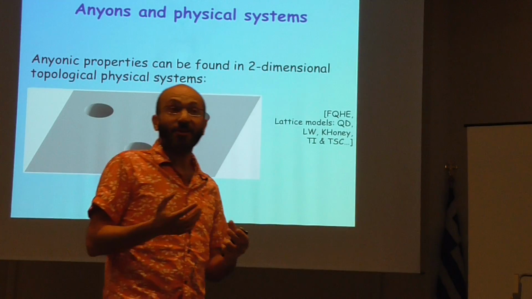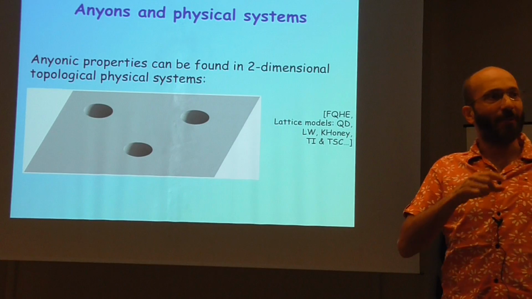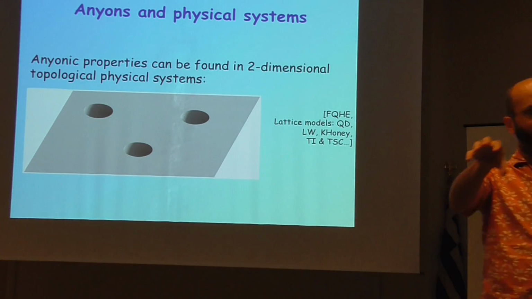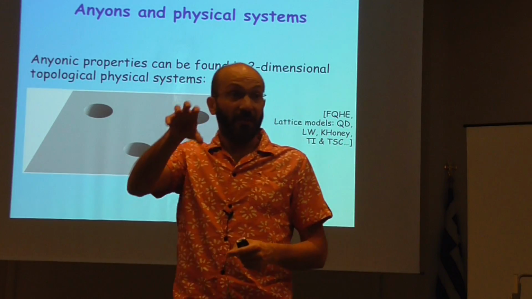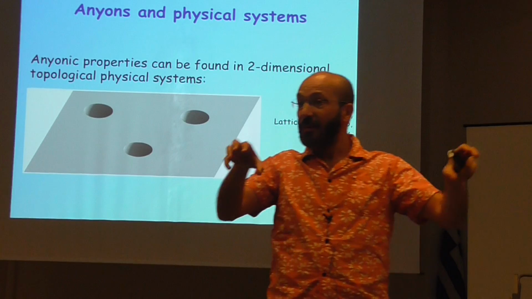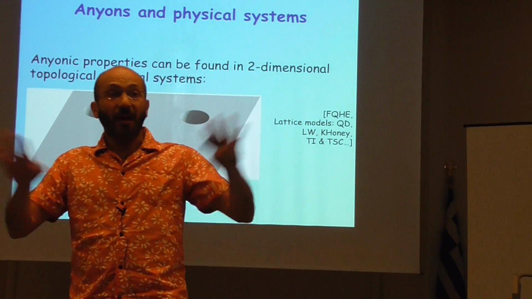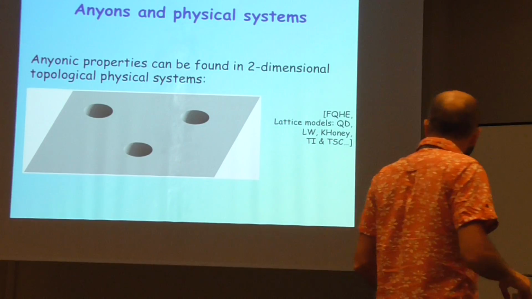In the same way as if you create a vortex in the water by spinning it around, you really don't care about the water molecules, you care about the vortex, and you're really excited about it, right? So we're looking at the vortex, and then we can say what are the properties of the vortices. But of course, there is another system and another Hamiltonian that gives rise to all these properties.